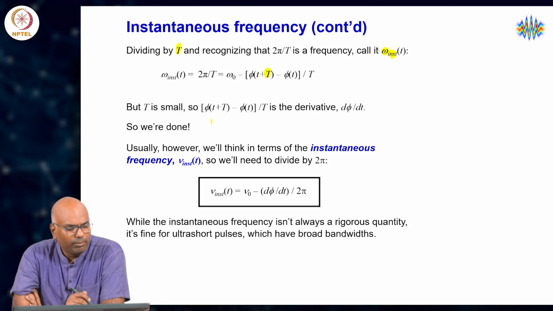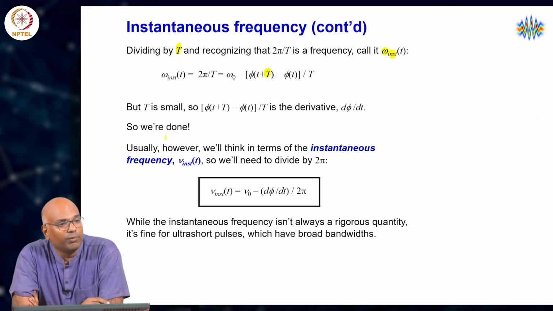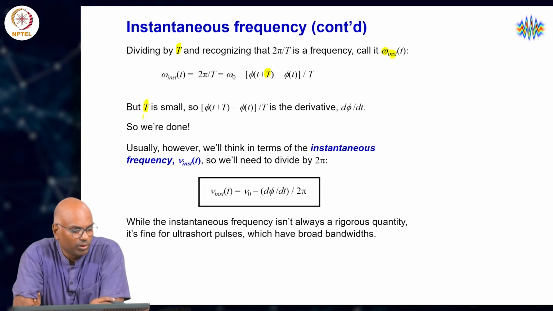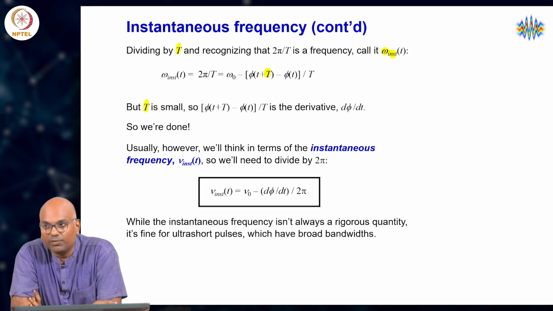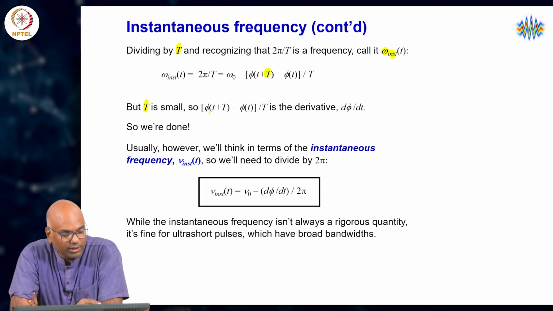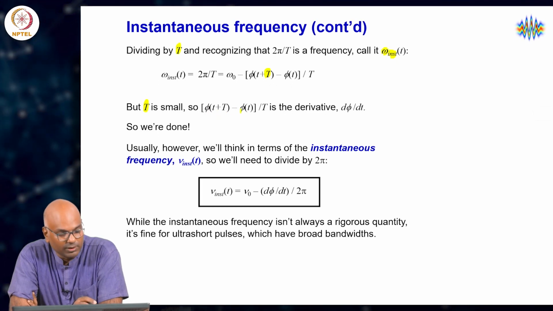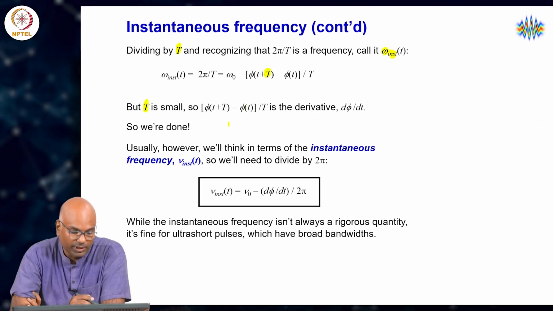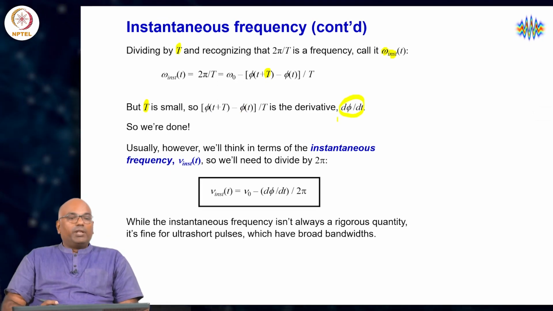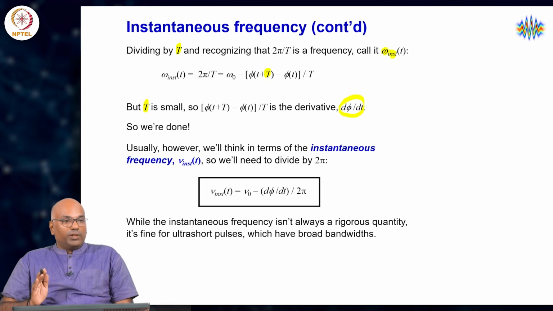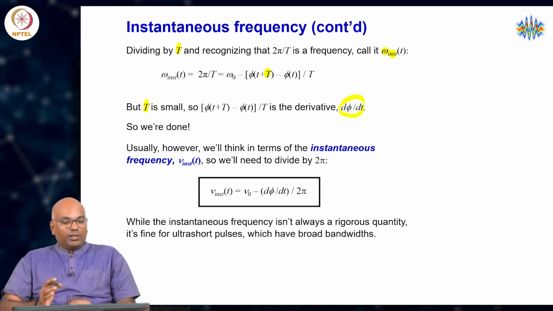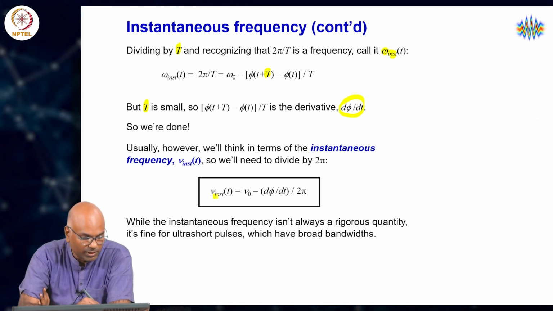But then the period of a wave for an optical petahertz wave is actually quite a small number in terms of absolute numbers. So, we can therefore treat this finite difference, phi of t plus T minus phi of t, to be a derivative, and essentially we have given the coefficient of the first order term of the Taylor series a physical meaning, that is to say that it is an instantaneous frequency.